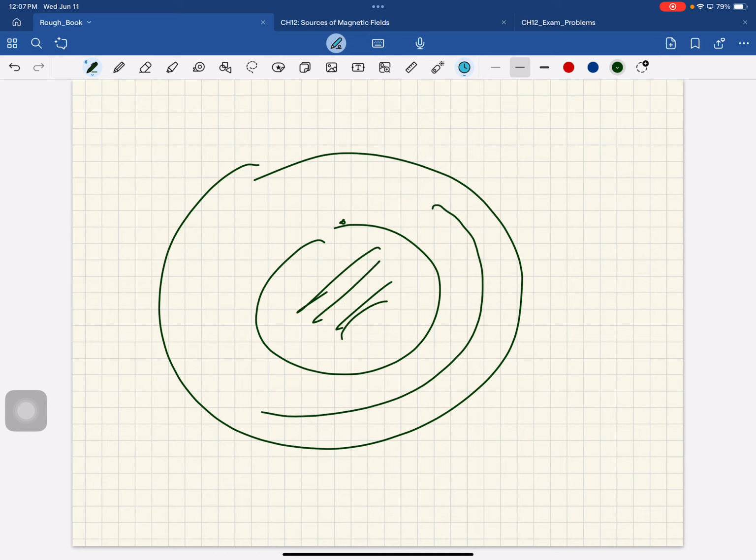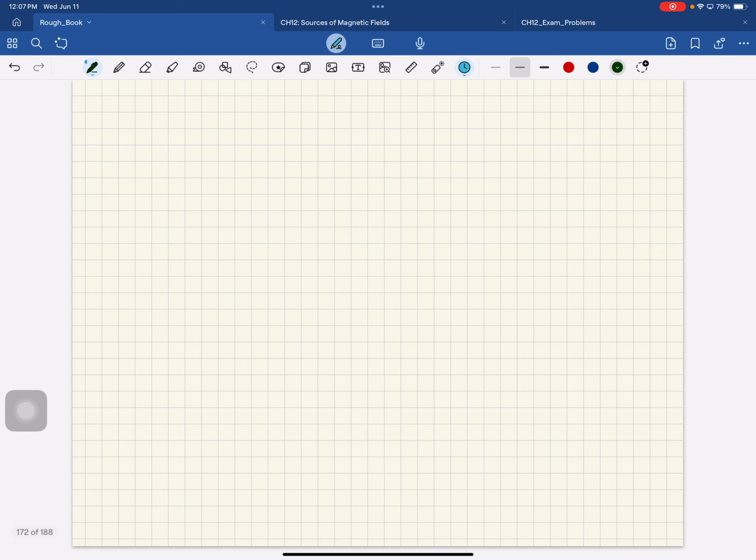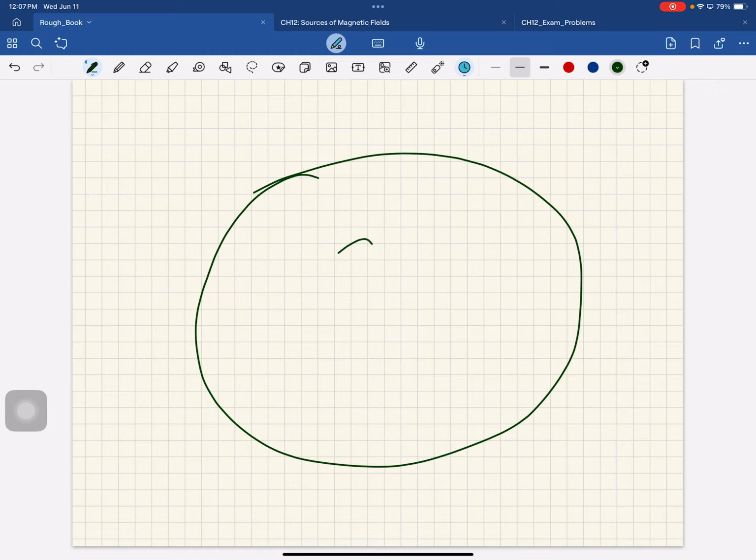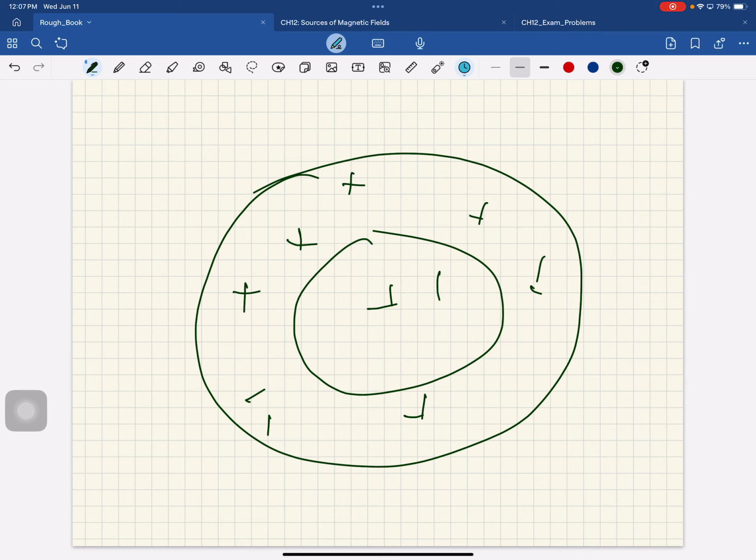The net force of the outer part on you is 0. You saw this in charges. If you take charges and uniformly distribute them, when can you do this? An insulator. Very good.